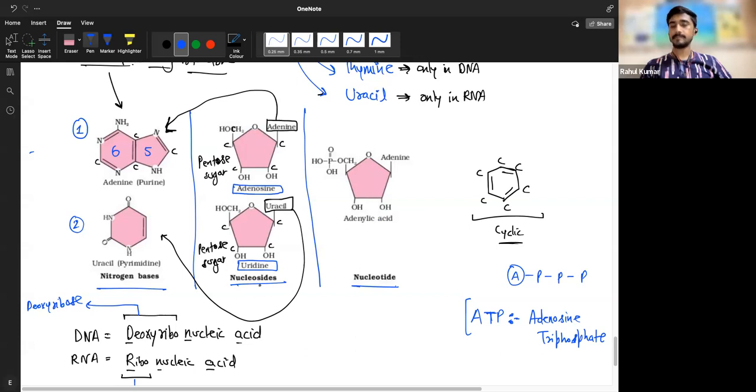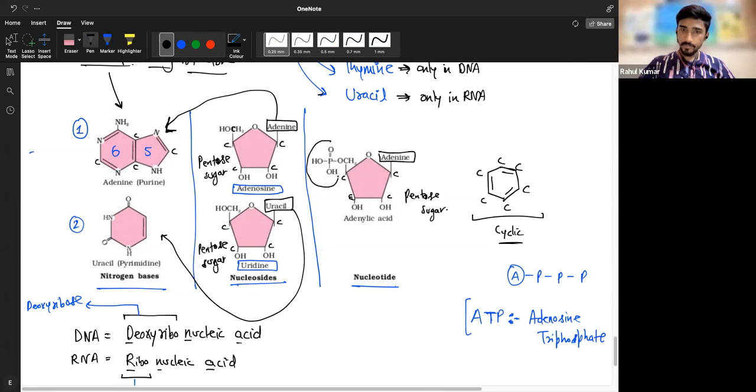A nucleoside, when attached to... so what is the difference? You tell me. There is an adenine which is attached to a 5 carbon sugar. So adenine is there, pentose sugar is there. What is additional? Can you see this phosphate group? This is called a phosphate group.